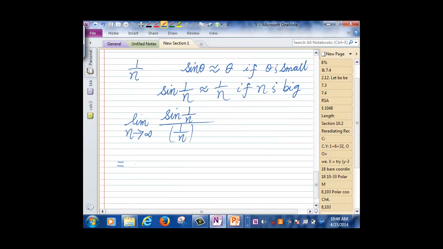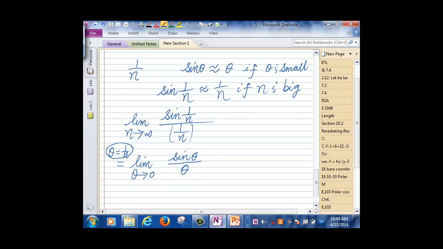Remember, I said that for this limit, what I'm going to do is make a substitution. I'm going to replace 1 over n by theta. So I'm going to take theta to be 1 over n. So this would be sine of theta divided by theta, right? Now, if n goes to infinity, theta goes where?